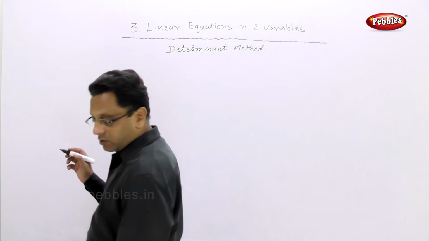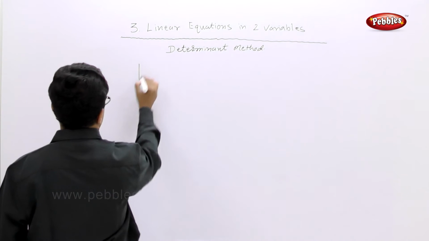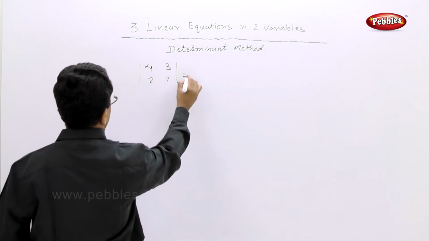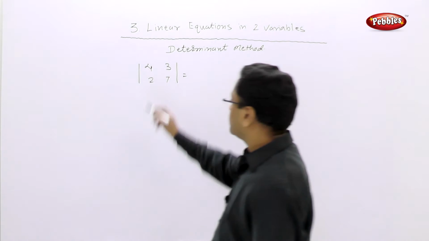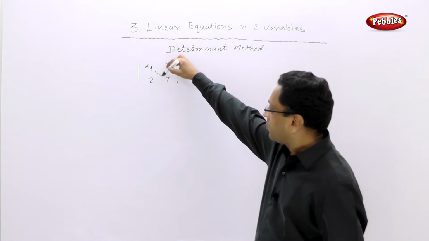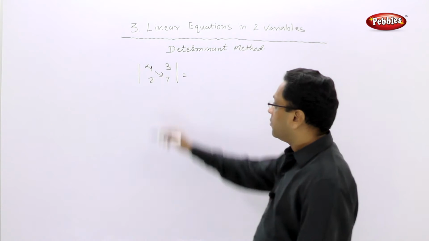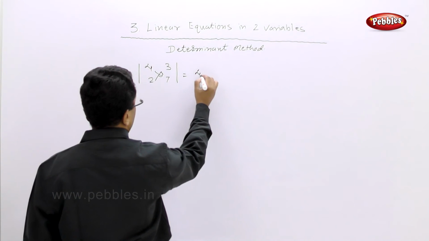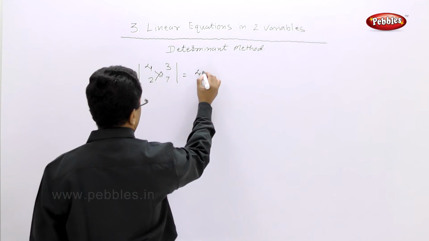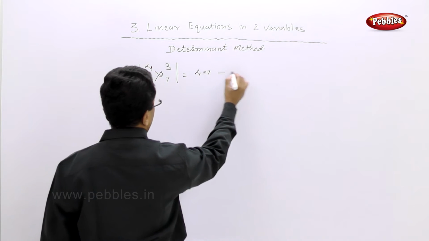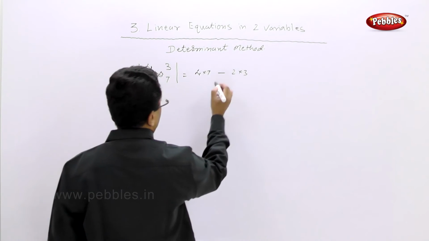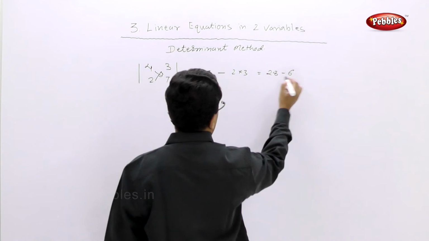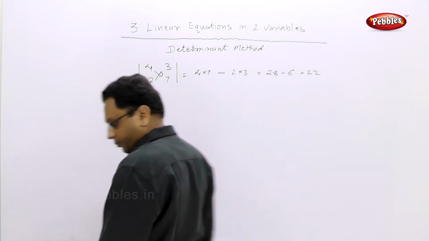Let us take this example 4 3 2 7. How will you solve this? 4 into 7 minus 2 into 3. So the answer is 28 minus 6 is 22.